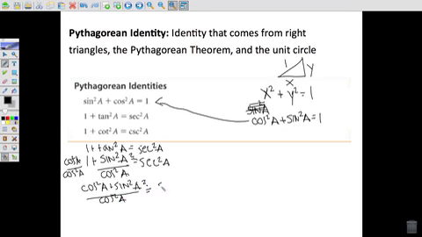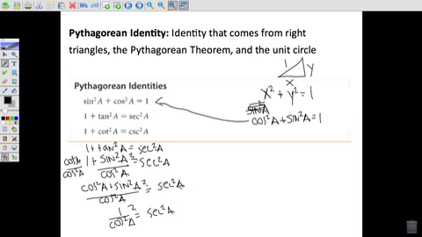I'm trying to see if that's equal to secant squared a. Well, we know from our first one that cosine squared a plus sine squared a is equal to 1, so we can plug that in. So then I get 1 all over cosine squared a, questionably equal to secant squared a.